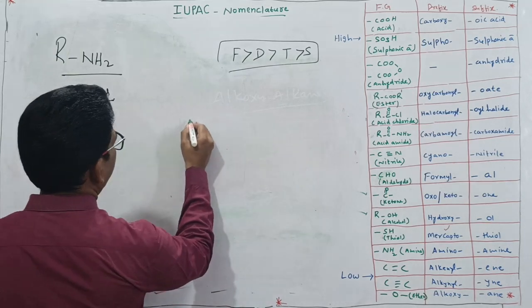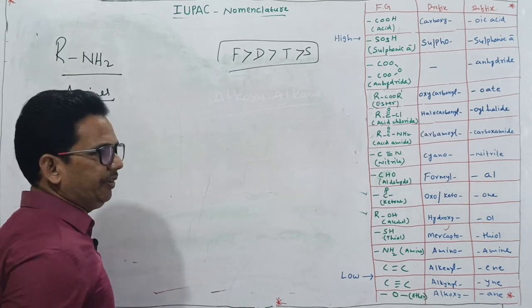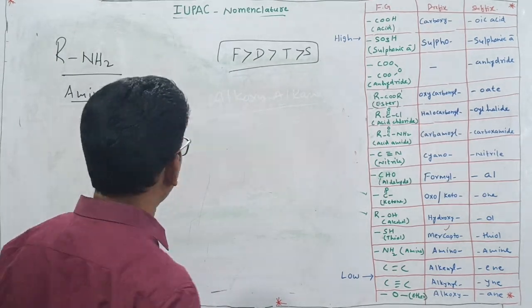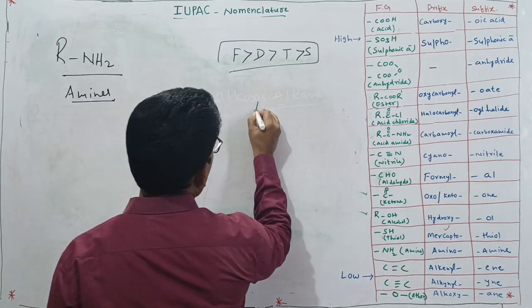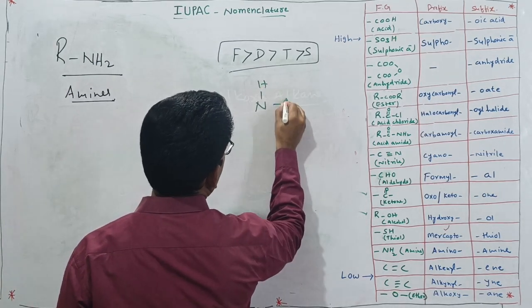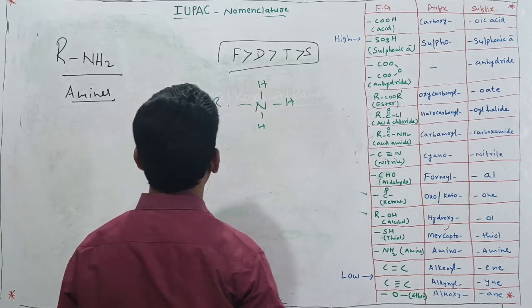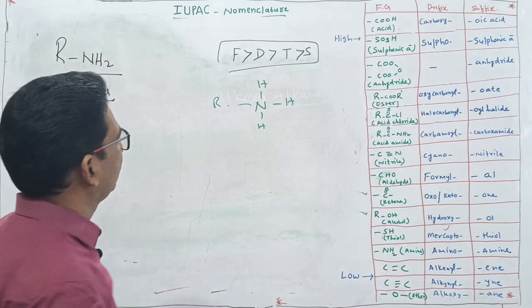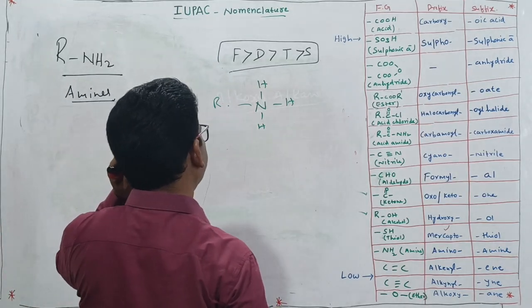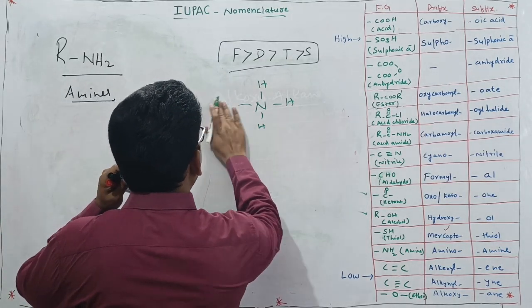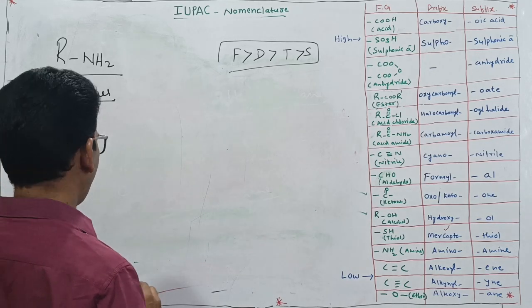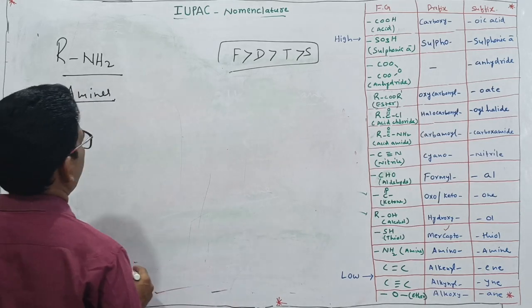See, these are the derivatives of ammonia. Ammonia means NH3. These are the derivatives of this ammonia. Now how are we giving the IUPAC nomenclature for these amines?